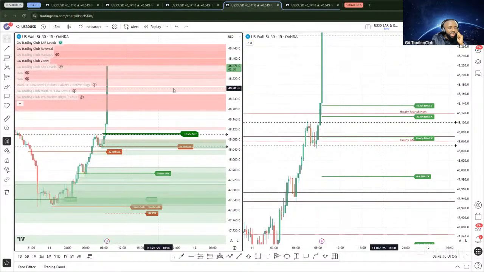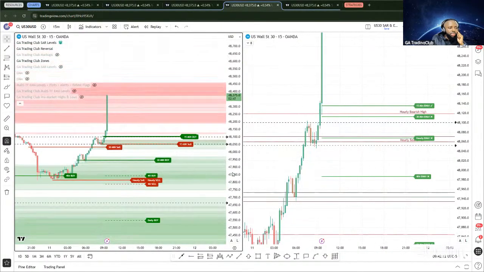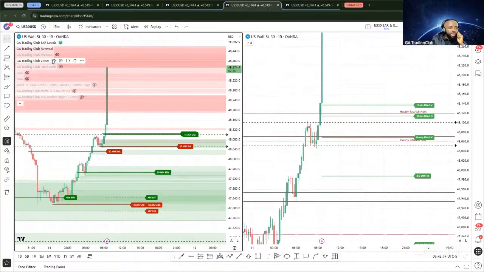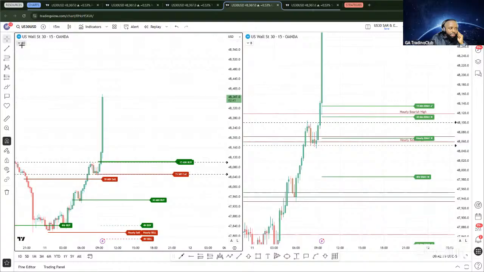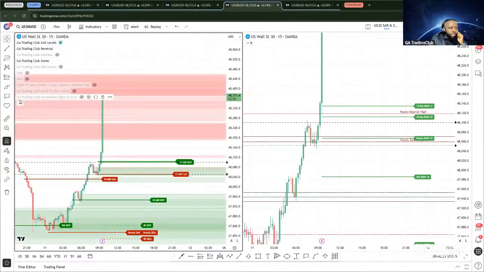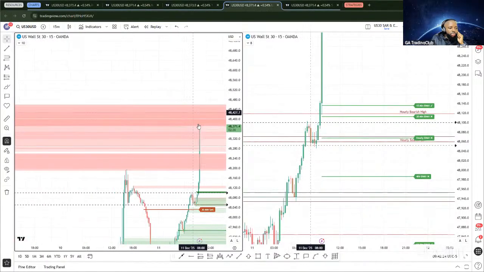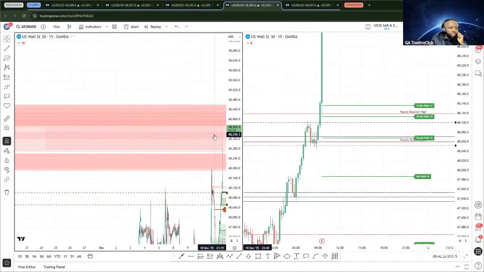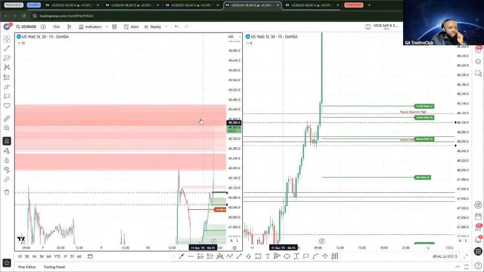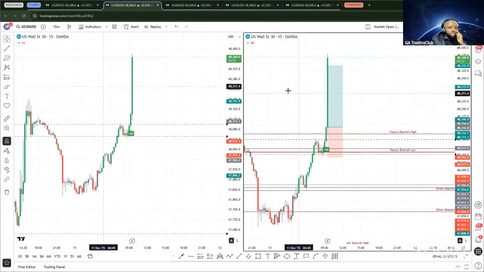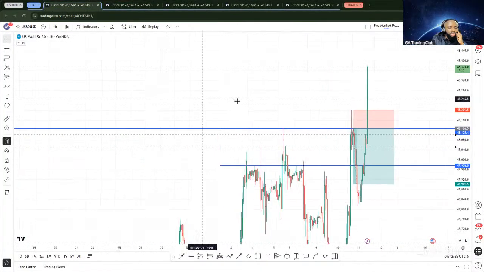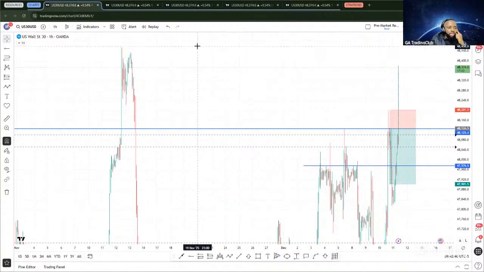And if we do get an SAR anywhere within this zone, it looks like it would be valid for a sell. But if we break above these zones, of course, there won't be any sell entries for any SAR or EMAs, because I think this high right here, 48,600-ish or 500-ish area, is the high of this. Yeah, so it would be the all-time high.